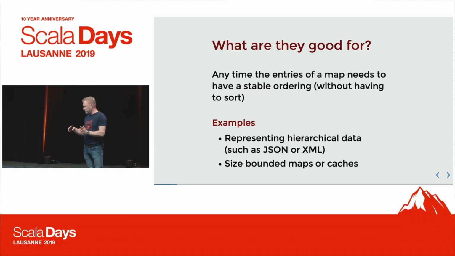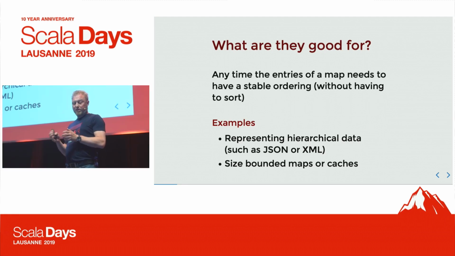A hash map can be reordered on each restart, so it's very unstable, but this one is stable. And you can represent hierarchical data, such as JSON, even though JSON isn't ordered, it's still nice to have it ordered, or XML or other stuff.